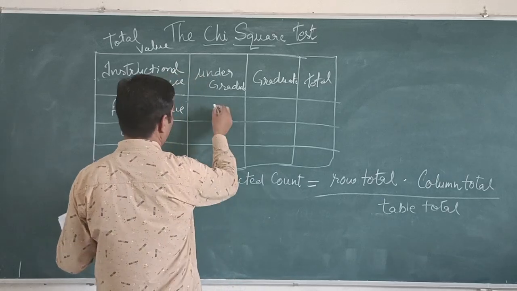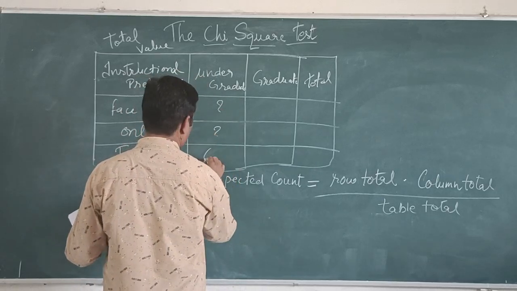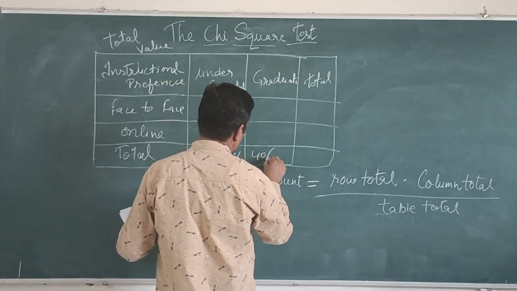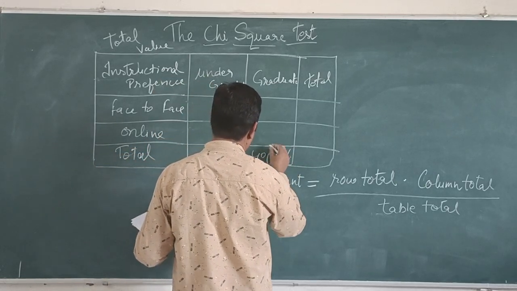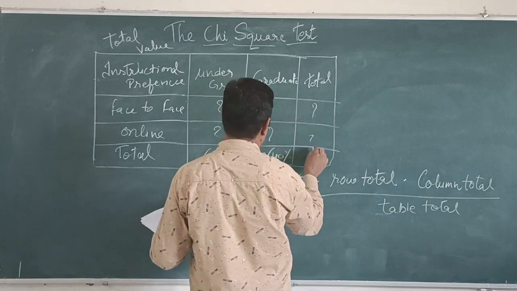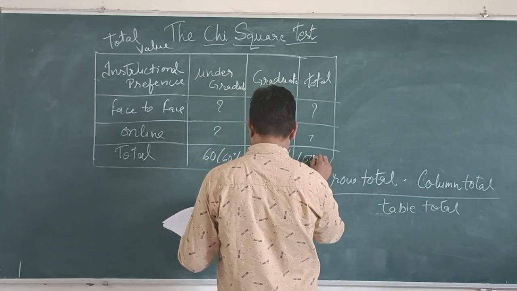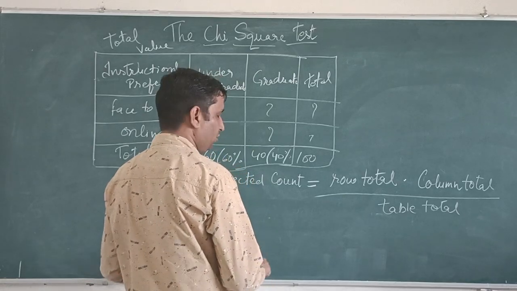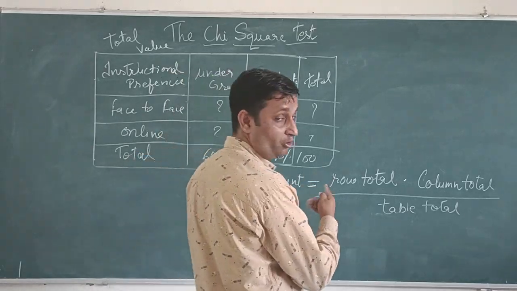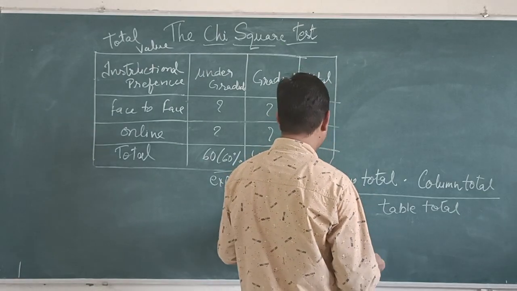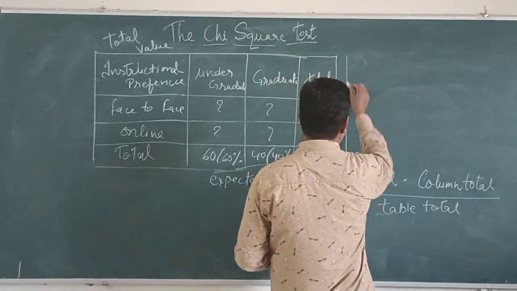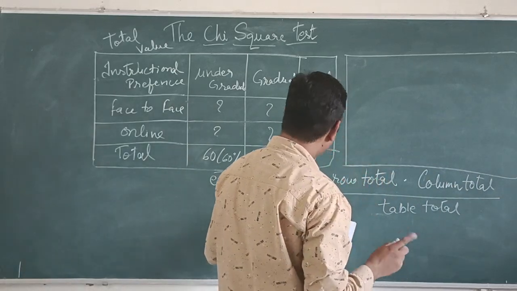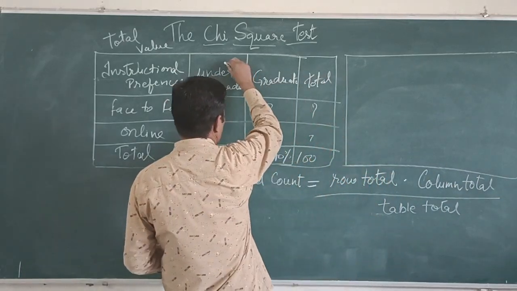We will also draw this table, with 60%, 40%, which means 40% of the total, and overall 100%. Now we will put in some values which we observe from this calculation. The headings are the same.